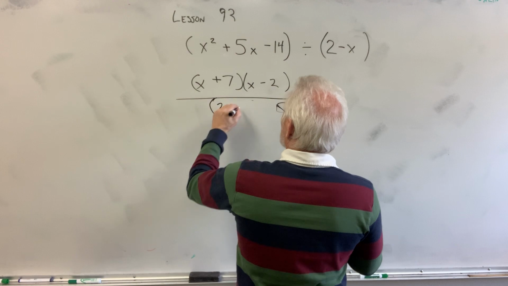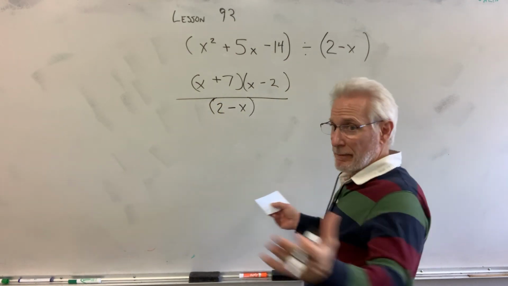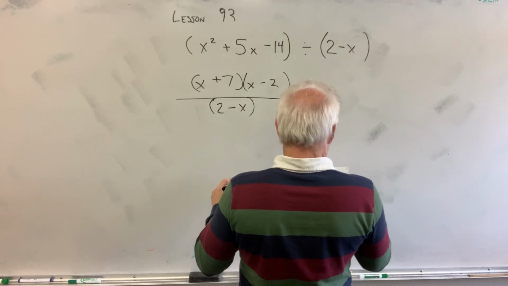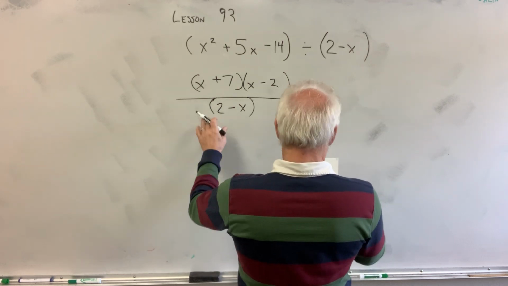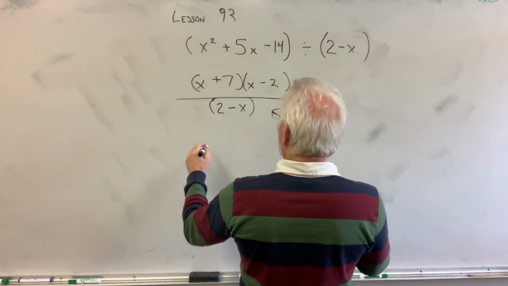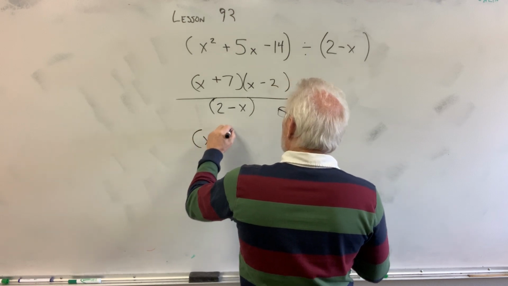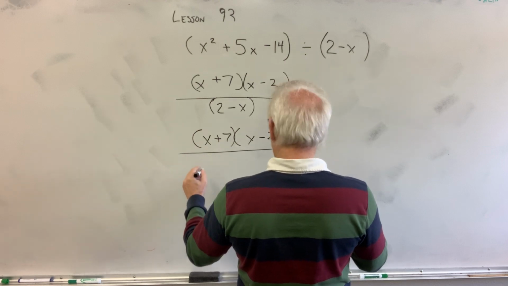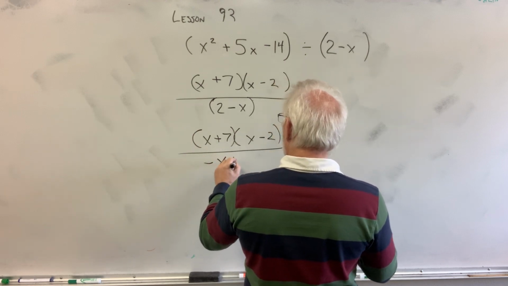Now, 2 minus x. Okay? All right. So now we can come up with this. Okay, from here we go to x plus 7, x minus 2, over, we got negative x plus 2.